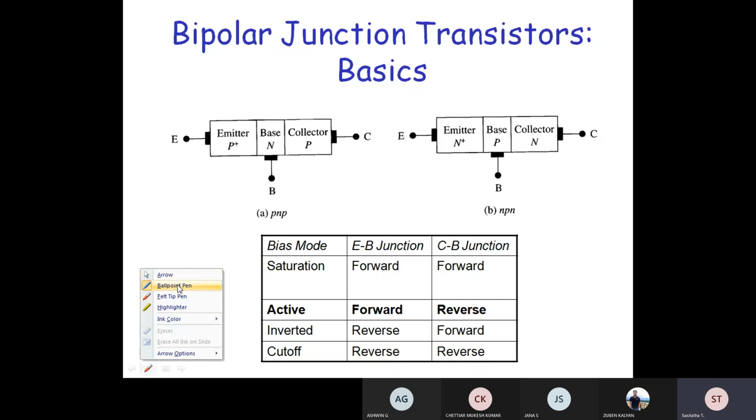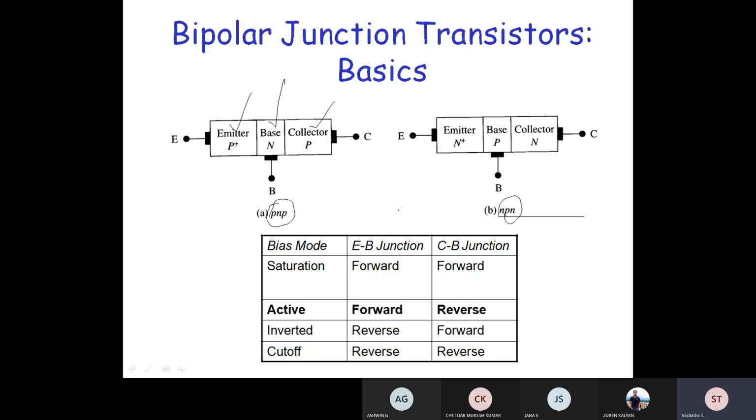Another one is the NPN transistor. Each has three different sections, or terminals: emitter is one terminal, base is another, and collector is the third. For both PNP and NPN transistors, this is the case.